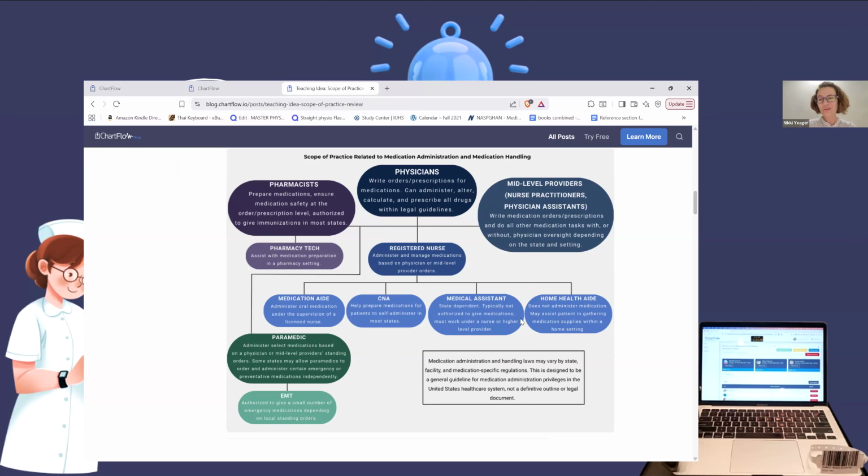Anyone under that usually can't give most medications unless they have special privileges or a special license, or it depends on the state. But this is a good overview if you're unfamiliar with the scope of practice of each level of provider in the United States. You can also just Google really quickly scope of practice, different levels of providers in the United States. You'll find a more comprehensive list.